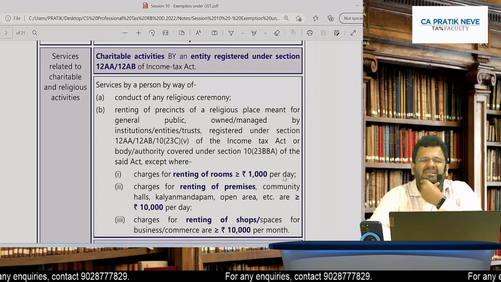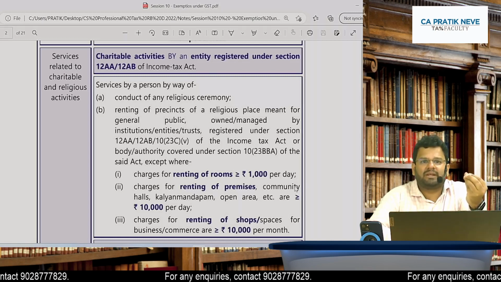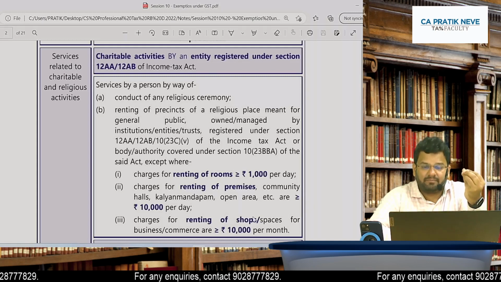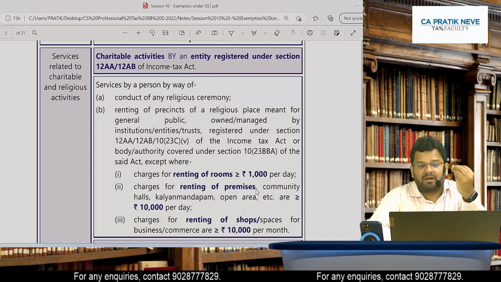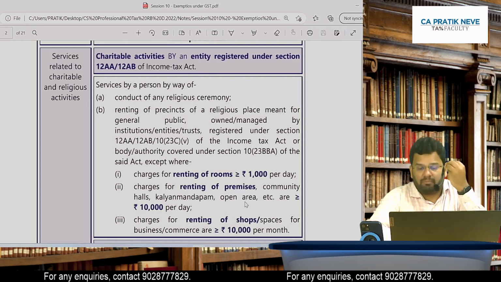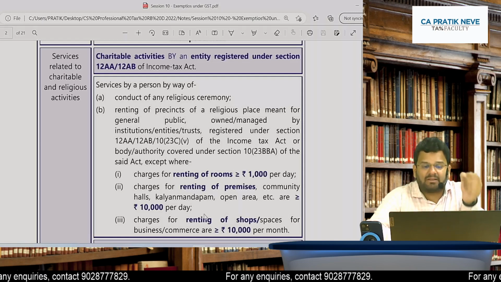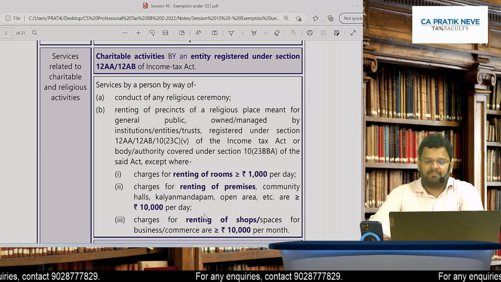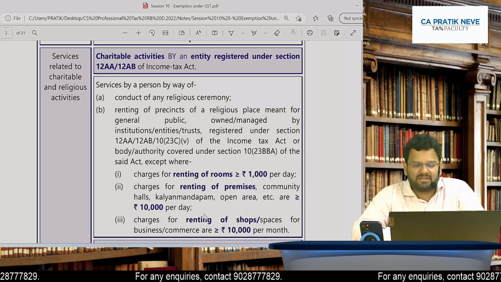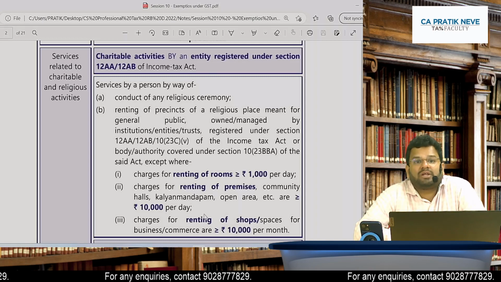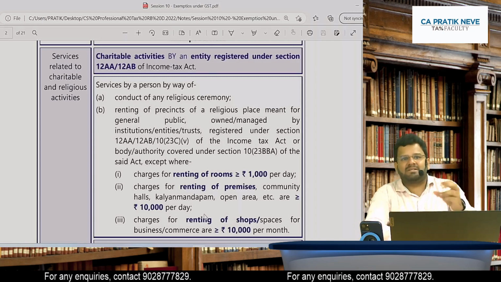Then charges for renting of premises, community hall, Kalyan Mandapam, open area are more than or equal to 10,000 per day. And finally, charges for renting of shops, spaces for business, commerce are more than or equal to 10,000 per month. These limits are being set up.